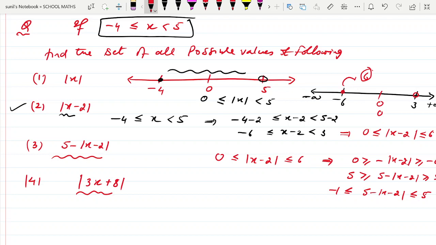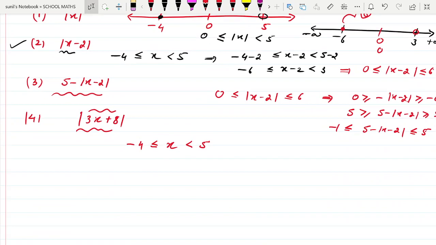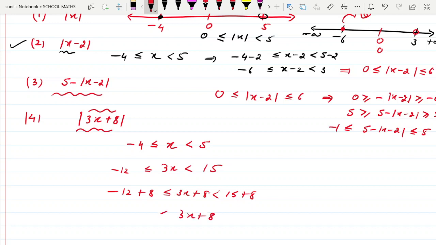Now we have to find the possible values of mod 3x plus 8. But x is lying between minus 4 and 5. First of all, I will find the range of this expression. Multiply this inequality by 3. This is minus 12 and this is 15. Now add 8. So 3x plus 8 is greater than or equal to minus 7 and less than 8.